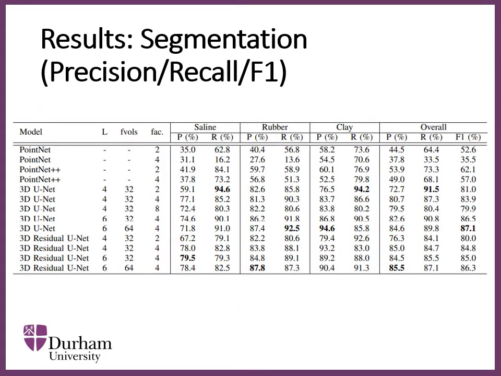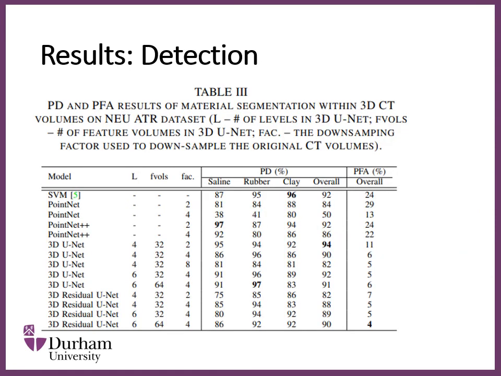In this table, we present more results of different segmentation methods. We report precision, recall and F1 score, and we can see that the results are consistent with what we have seen in the previous slide. Then we apply the post-processing to the segmentation results and get the final detection results.